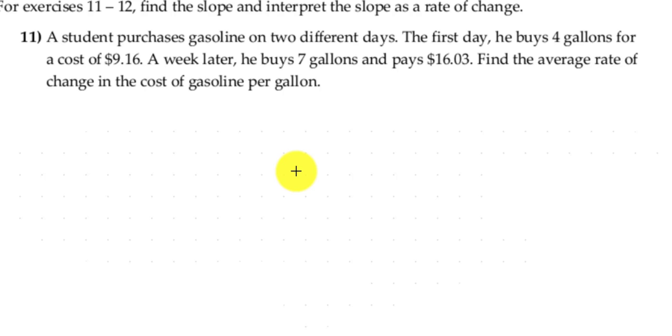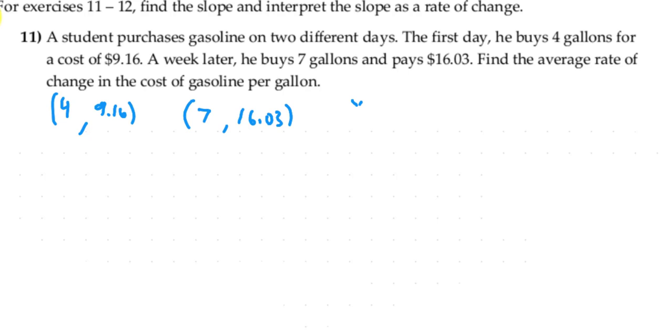The first buys 4 gallons for $9.16. So I'm going to write 4, $9.16. That's the number of gallons and the cost for those gallons. And then the second day buys 7 gallons at a price of $16.03. So I have 2 points. Find the average rate of change in the cost of gasoline.